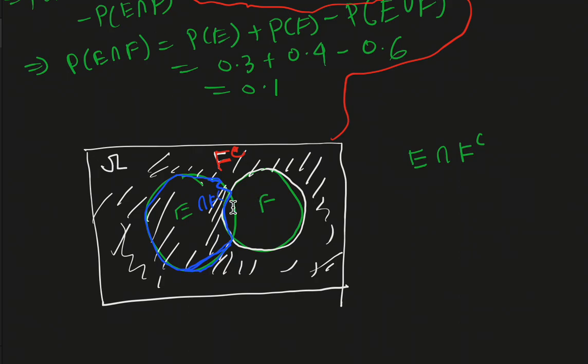If we subtract the overlap region from E, we'll get E intersection F complement. What is this region? This region is nothing but E intersection F. So if we subtract E intersection F from E, we get E intersection F complement.